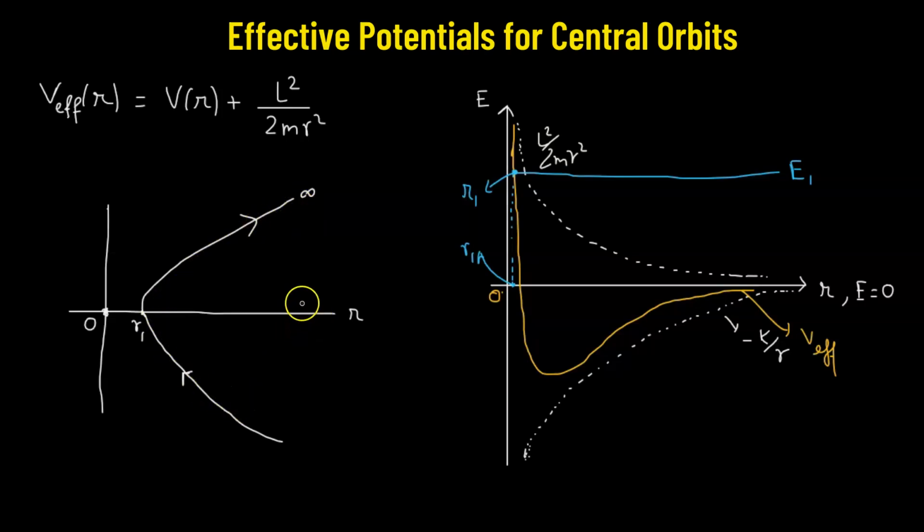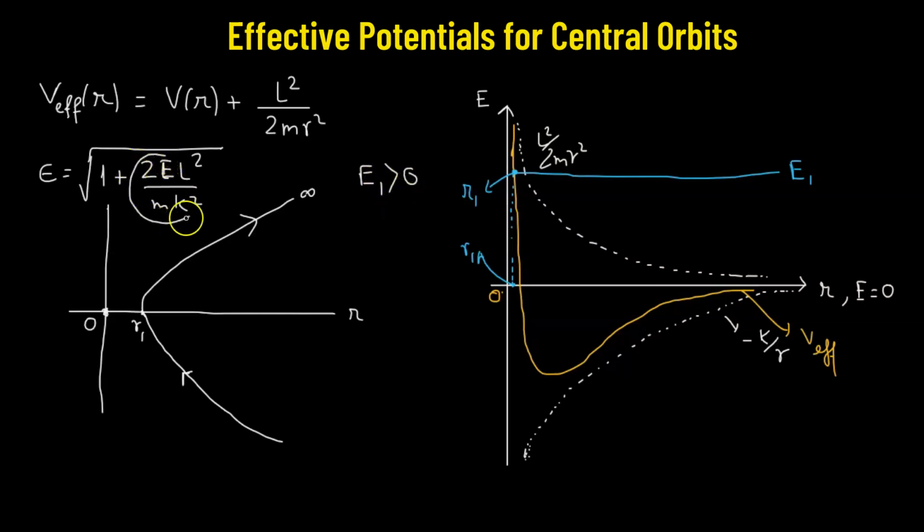For that, we are going to consider the expression of eccentricity. So we obtain the equation of eccentricity as the square root of 1 plus 2 times E L squared over mk squared. Now in our case here, the energy E1 is a positive quantity, so E1 is greater than 0.